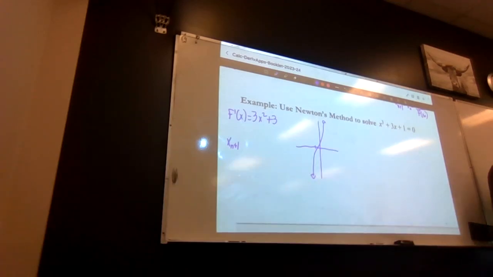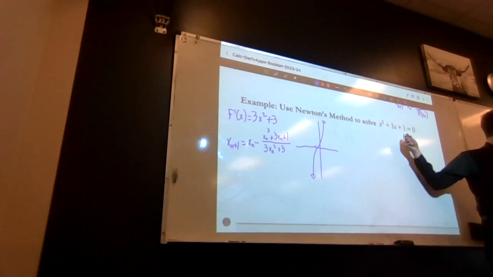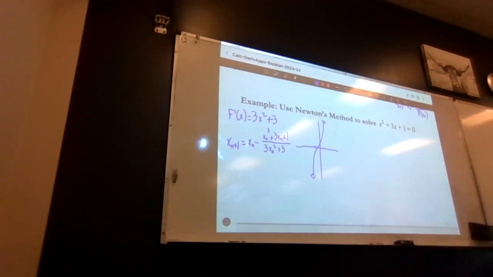This is going to be equal to x sub n minus x sub n cubed plus 3x sub n plus 1, all over 3x sub n squared plus 3. Why would you plus 1? Because that's the function. I'm just inputting a value in for the function.